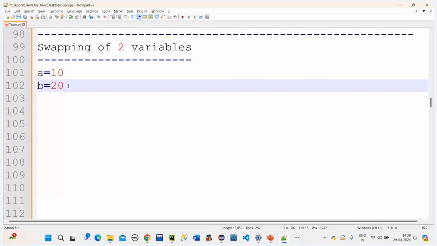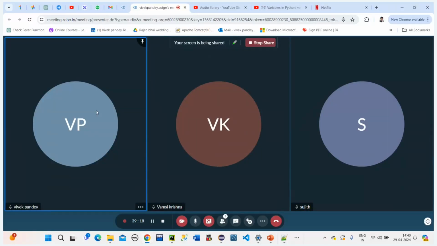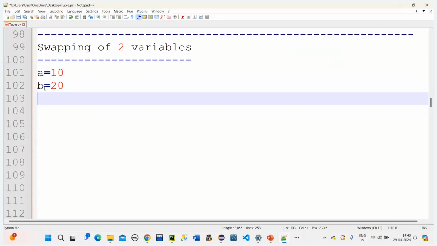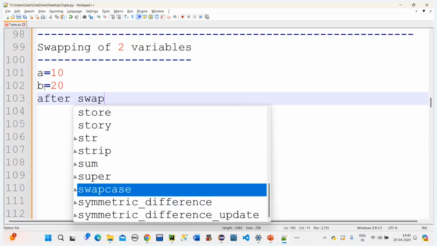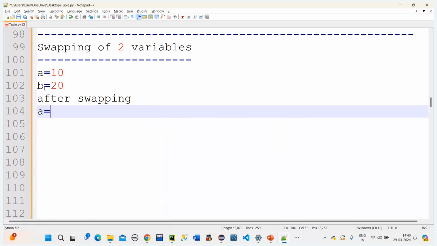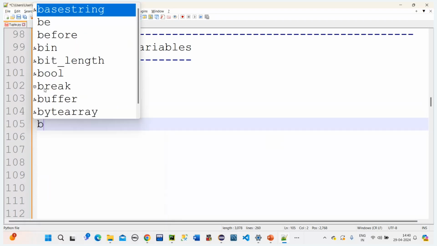After swapping, A will be 20 and B will be 10.